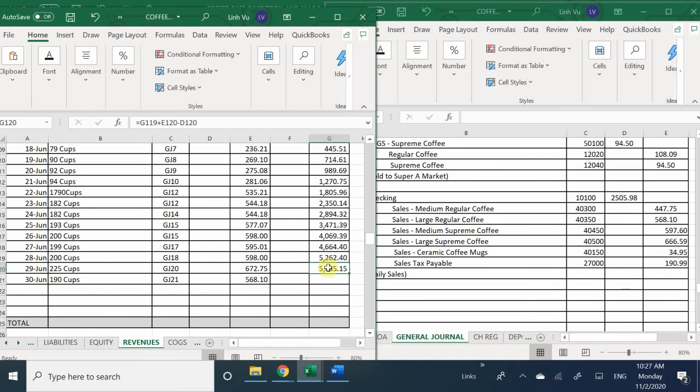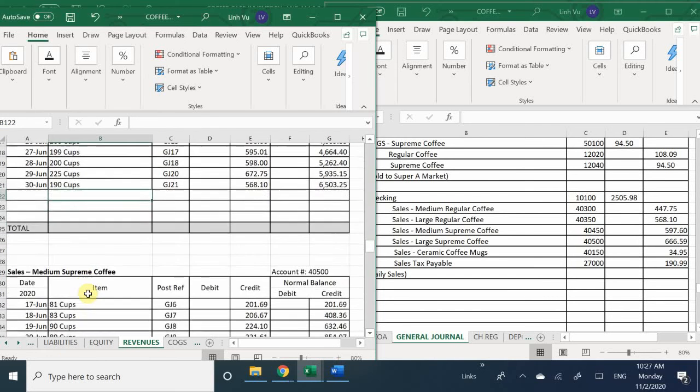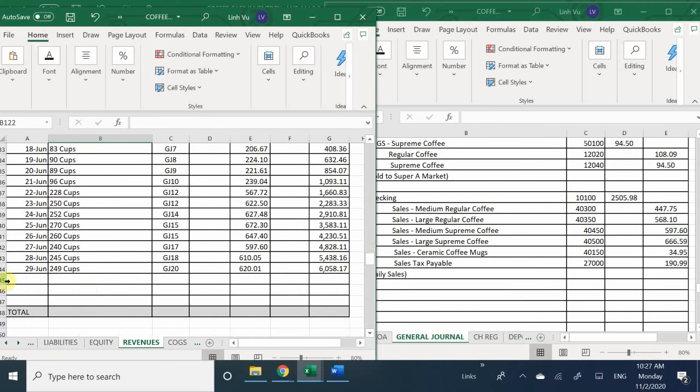Wait, hold on. Let's get the total first so we don't forget that. If we start with 5,935.15, 6,503.25. Yep. Good. Now, what happened next, Talia?